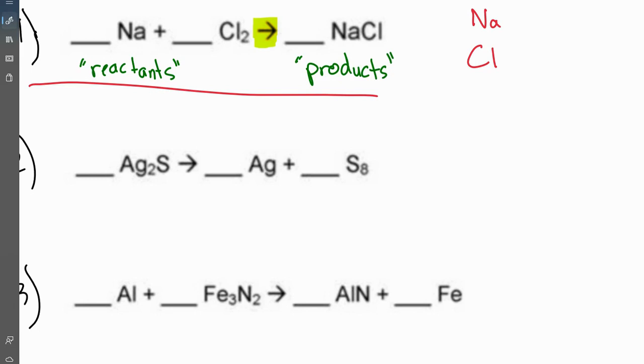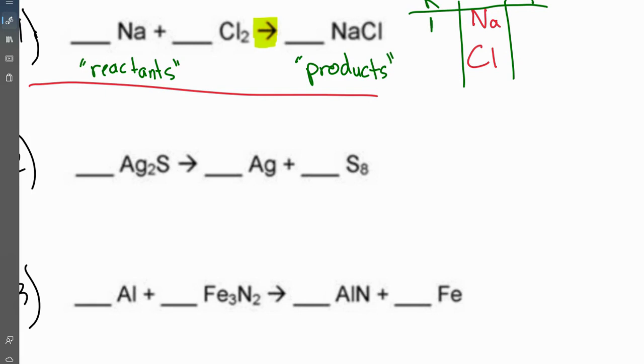We have to have the exact same number of every element in the reactants as we have in the products. So that's what we're going to do over here. We're going to create this little table, and I'll label this R for reactants, P for products. Right now, in the reactants, we have one sodium, because there's no subscript down there.